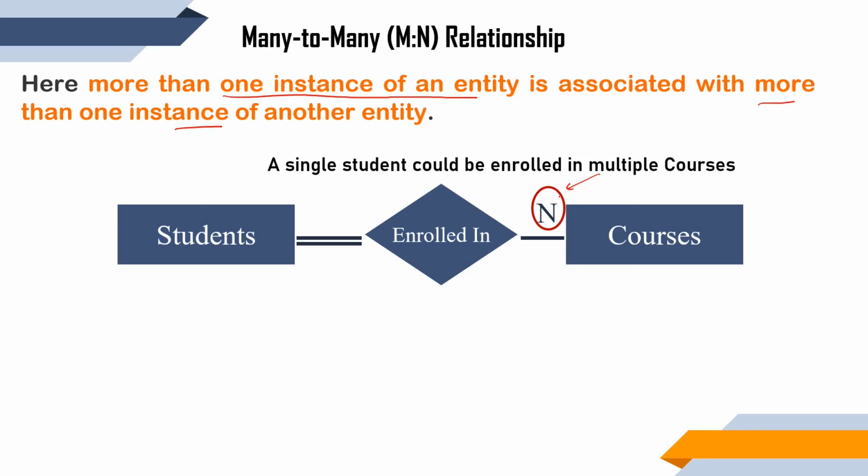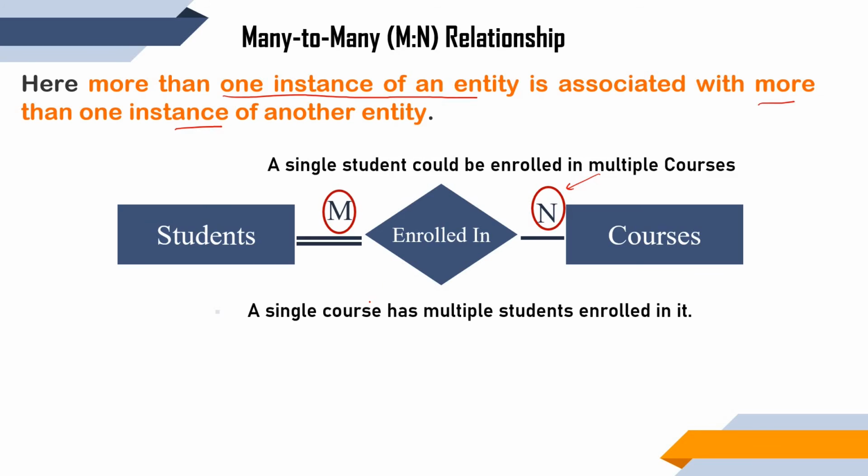So a single instance of student is related to how many courses? Multiple. So this N comes over here. Then a single course has multiple students enrolled in it. That means a single course is related to how many students? M. So we can call this an M to N cardinality. Understood? This is called M to N cardinality.